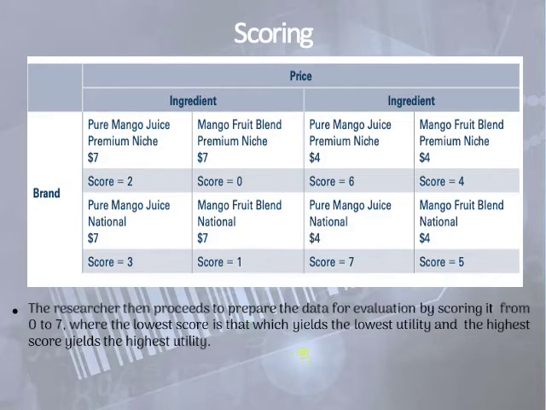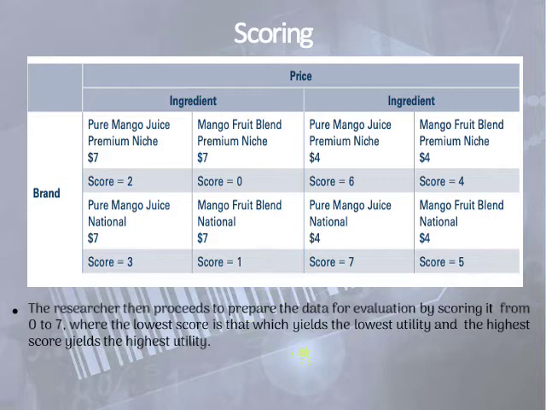Okay, so the result that I have presented earlier in the rank ordering, the researcher can use for evaluation by scoring it from 0 to 7, where the lowest score yields the lowest utility, and the highest score yields the highest utility.